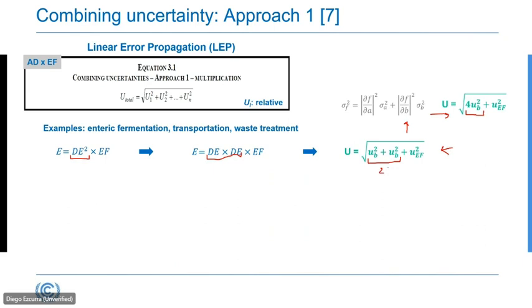Here, this formula gives us 2 times the uncertainty of this variable, but in reality, it should be 4.